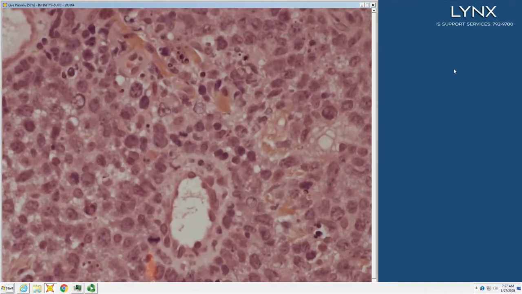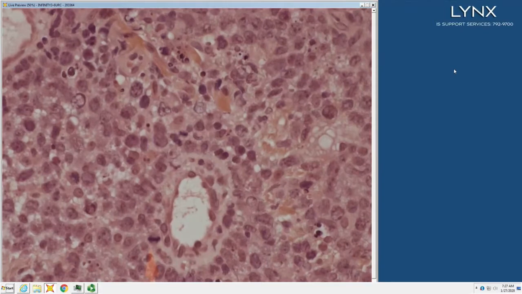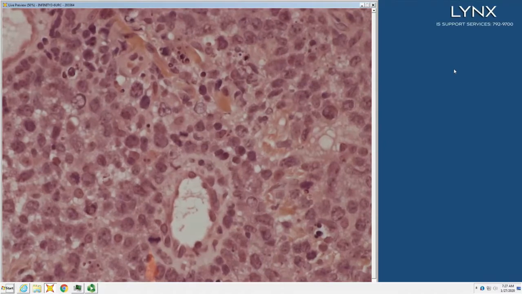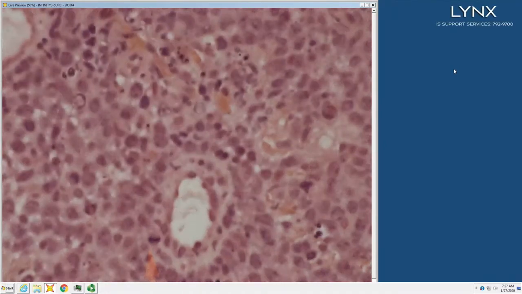In lymphoma, it's not so much that they are dividing more, it's that they're failing to die on cue. And you look for things like the tingible body macrophages, which are the debris of the dying lymphocytes taken up by macrophages in the lymph node or skin.